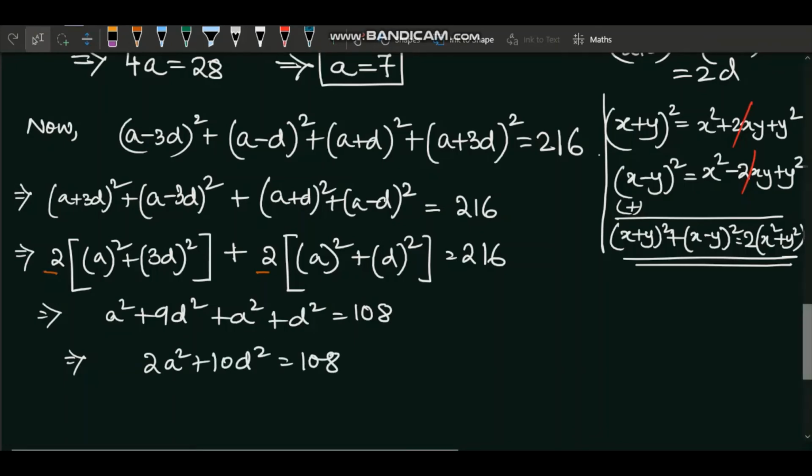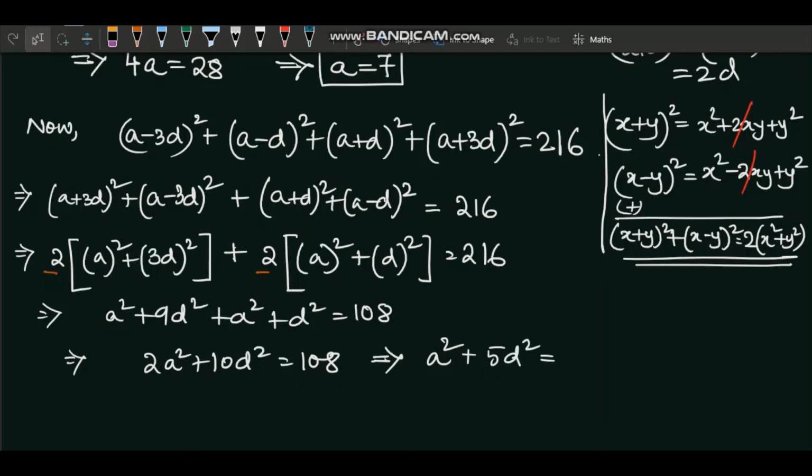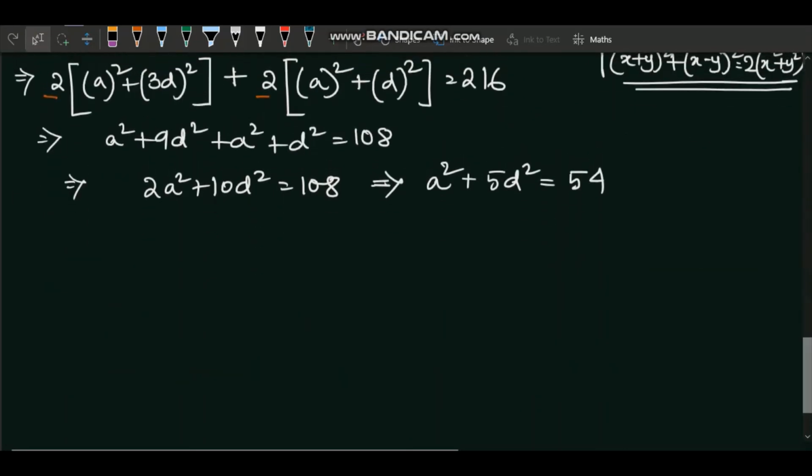One thing you must have observed is that I have still not substituted for a. I will do it in the last step. So we have a square plus 5d square equals 54, because half of 108 is 54. Now put the value of a.